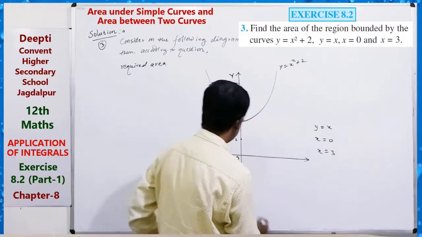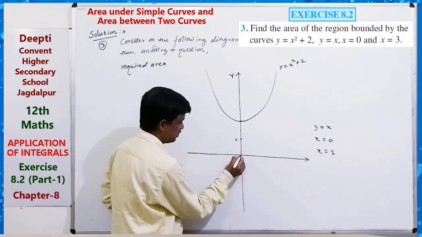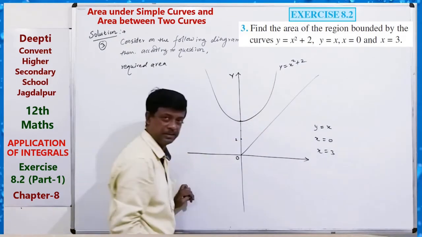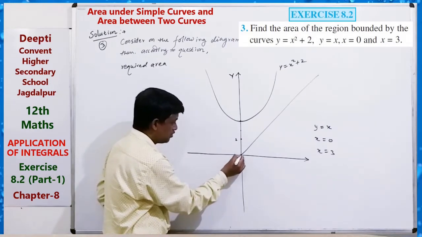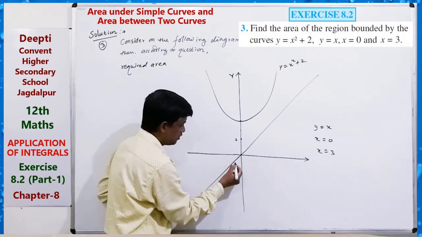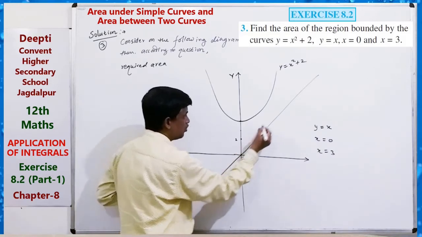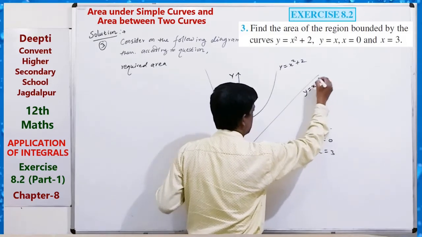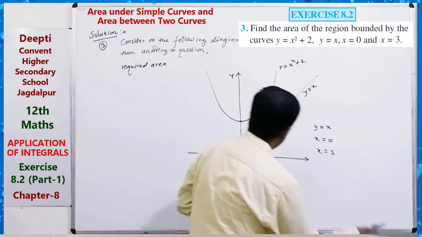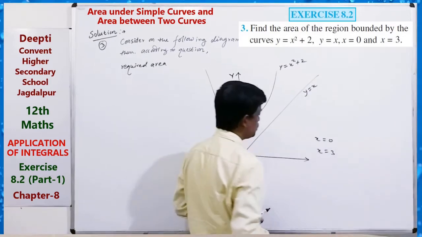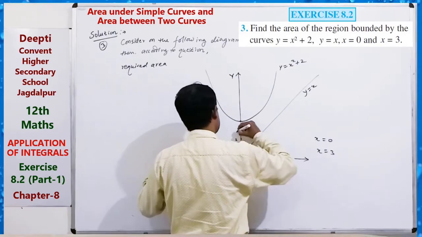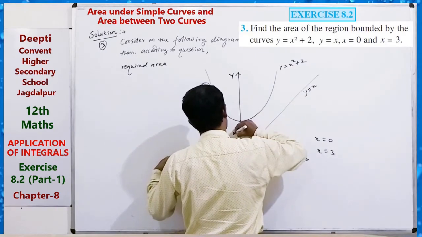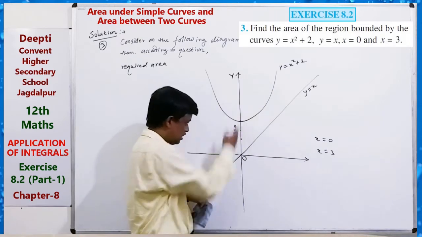So we can draw the line like this without intersecting the parabola. This is the line y equals x through the origin, not intersecting the parabola. And the line x equals 0: you know x equals 0 means the y-axis.